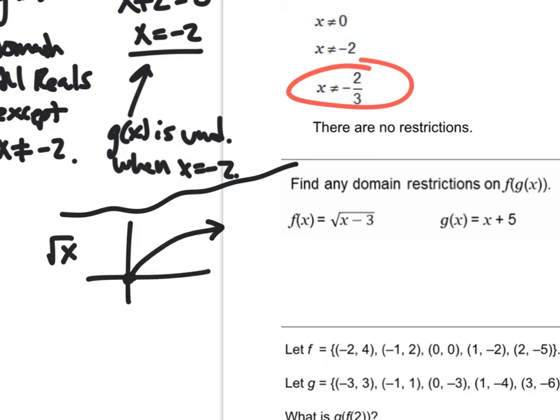Your domain on this is x is greater than or equal to 0. We can only plug in positive x values into that. All I know is that whatever's underneath the radical has to be greater than or equal to 0.